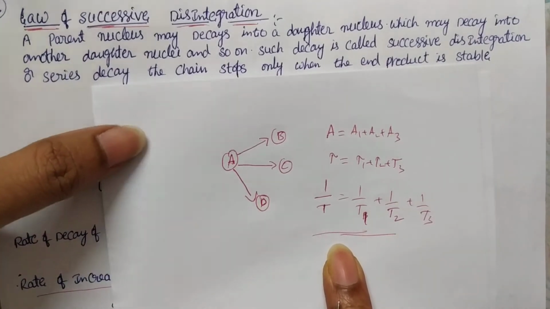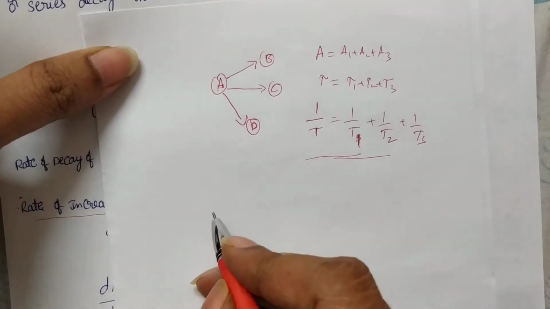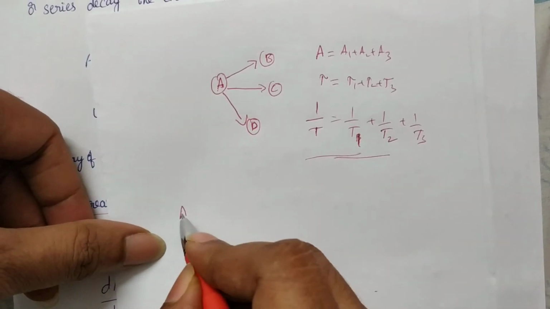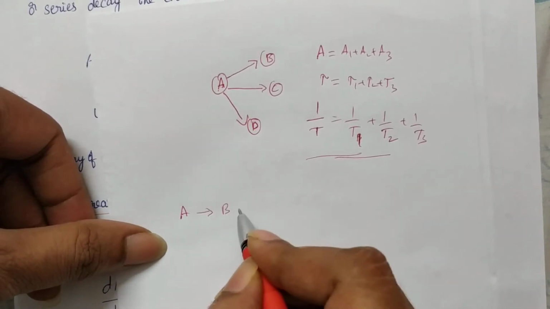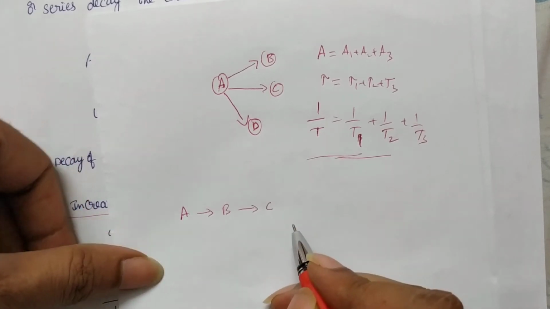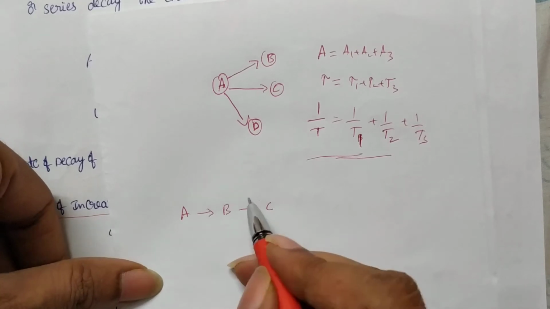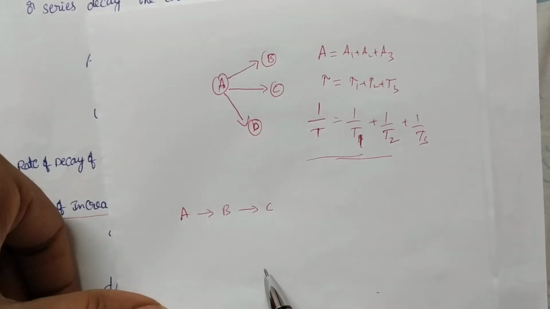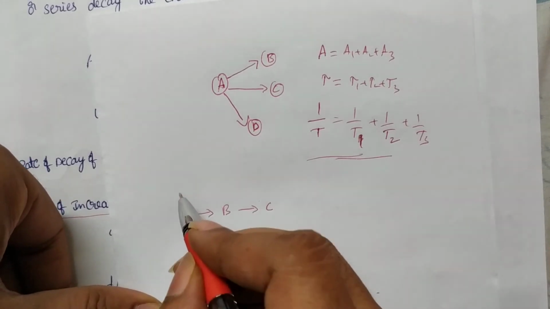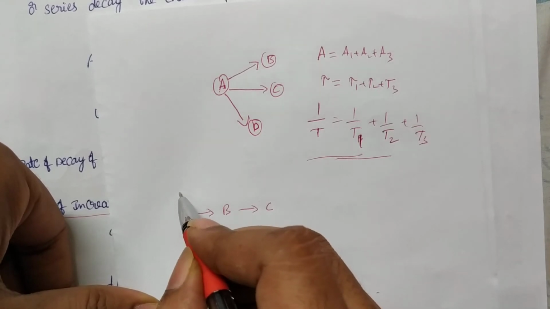What is successive disintegration? Successive disintegration means here A is converted into B and B is converted into C, one after the other. This is what we call successive disintegration. In this case, suppose the initial number of nuclei in A is N0.